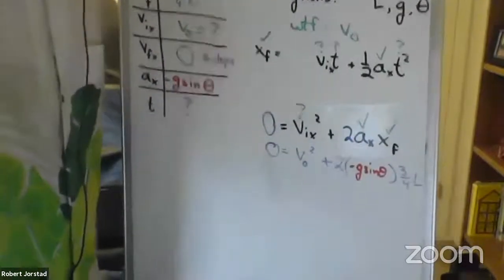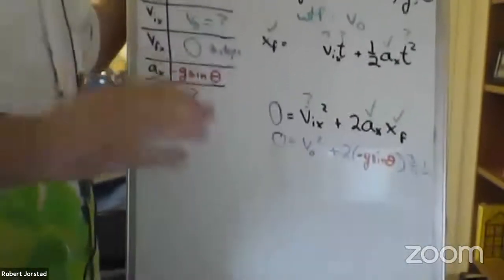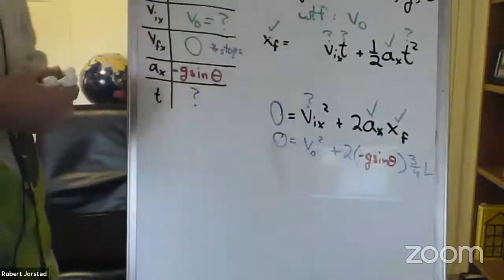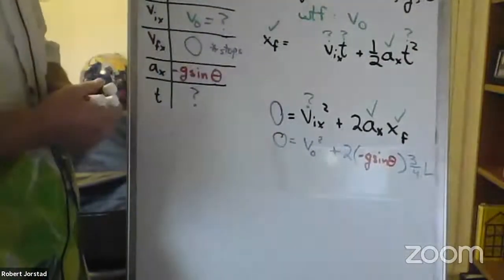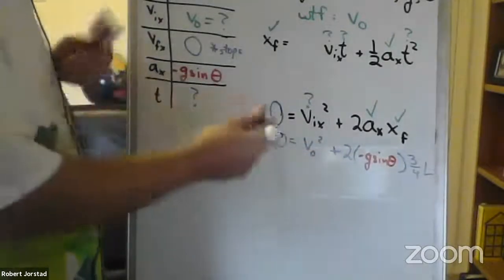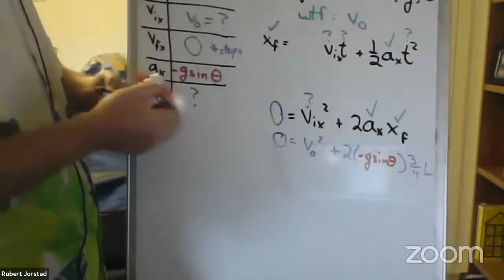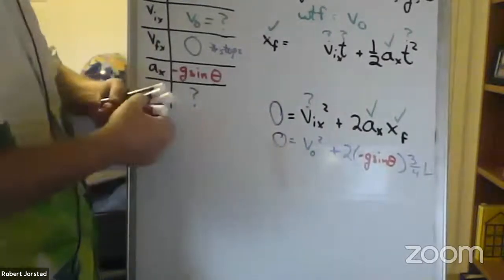Let me see if I can get rid of some of this glare a little bit. If I lower this and angle this slightly, just glare. Whatever. All right. In this case, you could clean this up a little. But I'm going to do things this way. I'm going to bring this V0 over to the other side first.